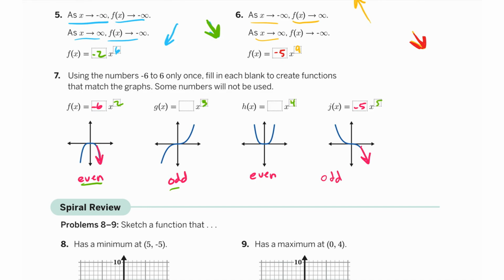So that matches all the end behaviors there. And then the last two numbers here just have to be positive numbers. The only ones I have left are 1 and 6. And so again, it doesn't have to be exactly like this, but the key is looking for which ones have to be negative when we're looking at the coefficients and which exponents have to be even or odd.